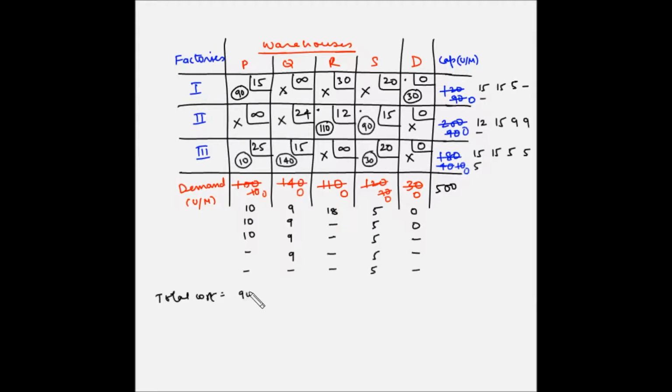So 90 multiplied by 15 plus 30 multiplied by 0 plus 110 multiplied by 12 plus 90 multiplied by 15 plus 10 multiplied by 25 plus 140 multiplied by 15 plus 30 multiplied by 20. So this is equal to, let me pull my calculator here.